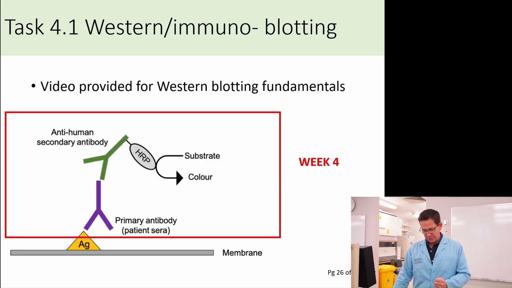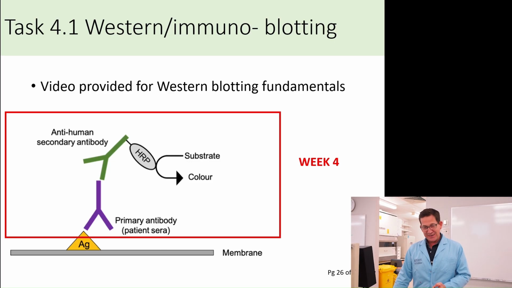A secondary antibody is specific for the first antibody. It is an anti-human secondary antibody, meaning that it will bind to any human antibodies that it finds on the membrane. Now, hopefully there's very few of those that are not stuck to the proteins that we're actually looking for.